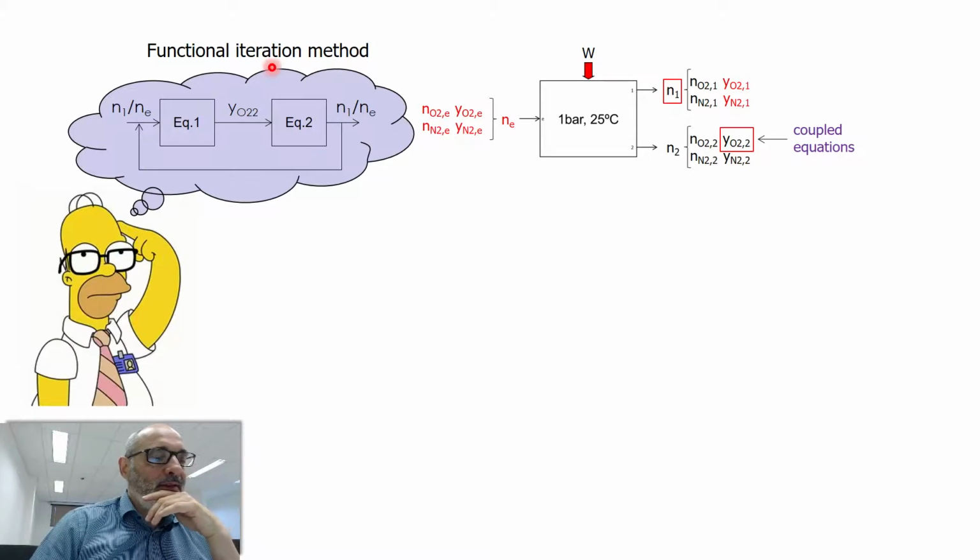The idea is, if you have a set of equations, let's say 2 equations, you make an estimation of your variable, and then manipulate the equations so that you recalculate the variable that you estimated in the first place.